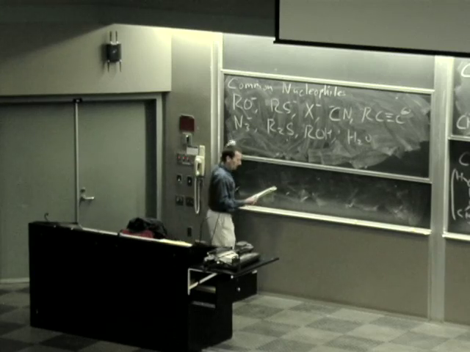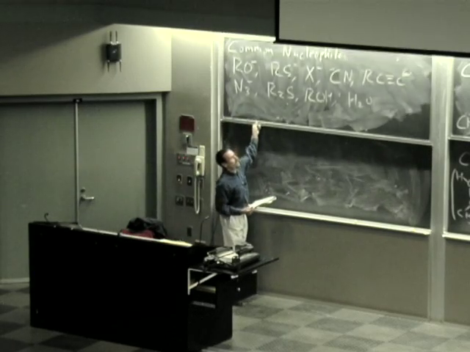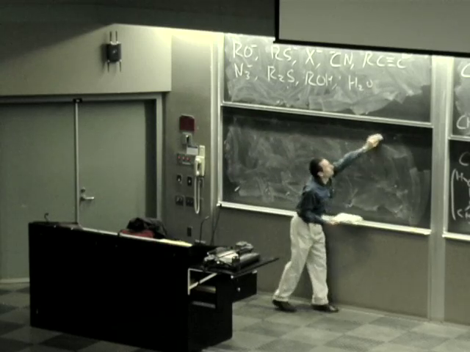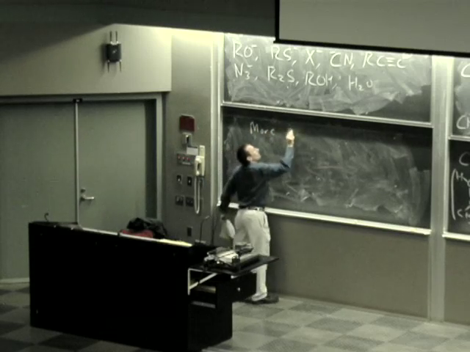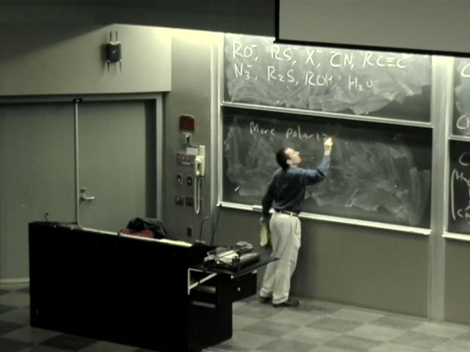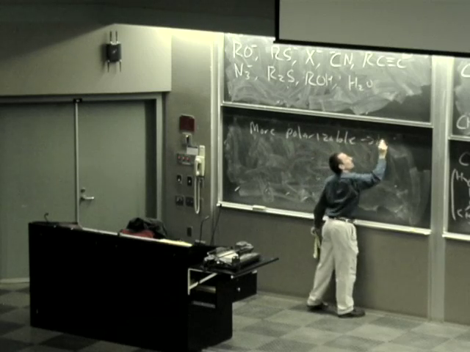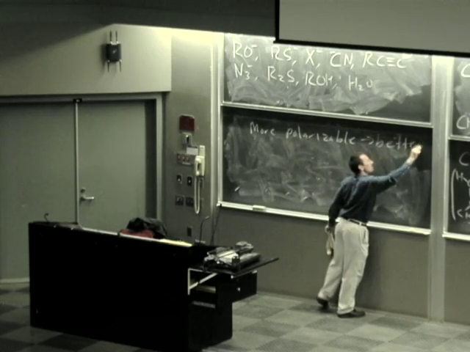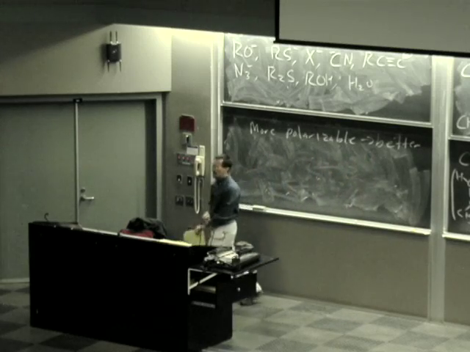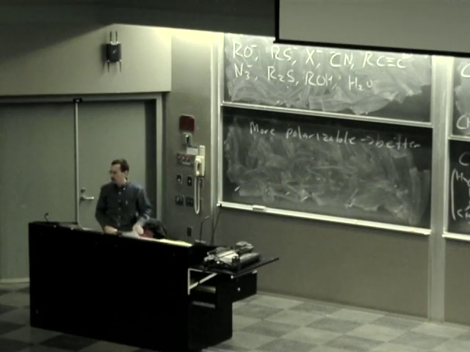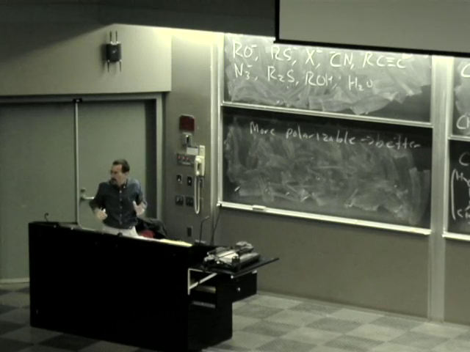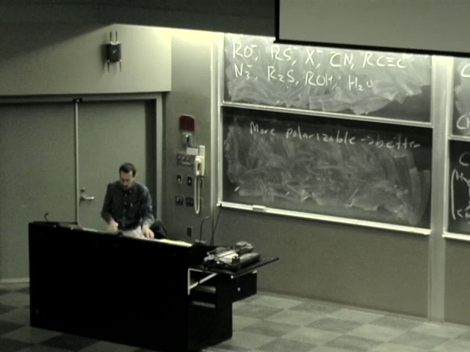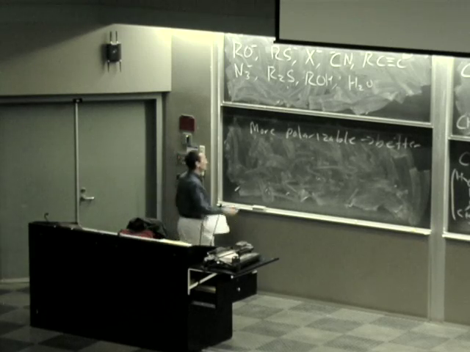Some general principles: more polarizable is better. And remember, better means reacts faster in an SN2 reaction, and is less likely to participate in an elimination reaction. More polarizable means those electrons are spread out more. The atoms are bigger. The electrons move about more easily.